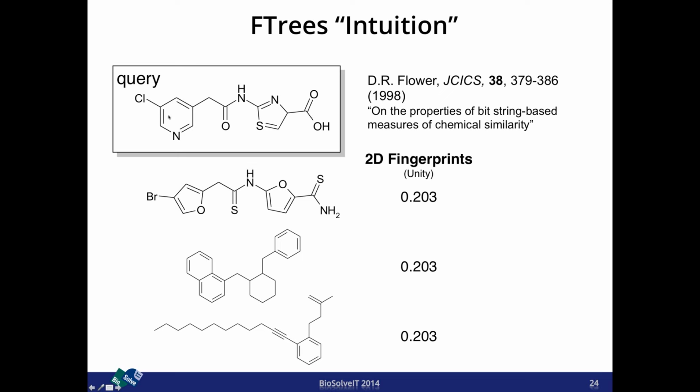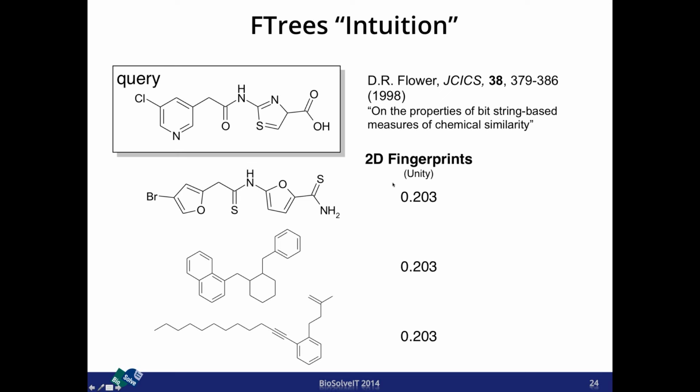He looked at a query molecule like this and compared these with the 2D Unity fingerprints, so fingerprints with these bit strings that I mentioned before, and compared a bromine analog to a chlorine-substituted pyridine up here, and he took something pretty flat connected to a carbon-hydrogen only framework and something like a long aliphatic chain and so on.